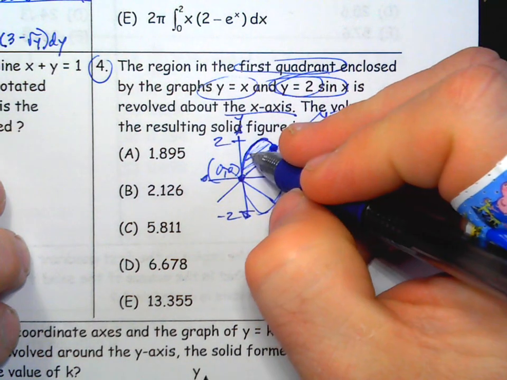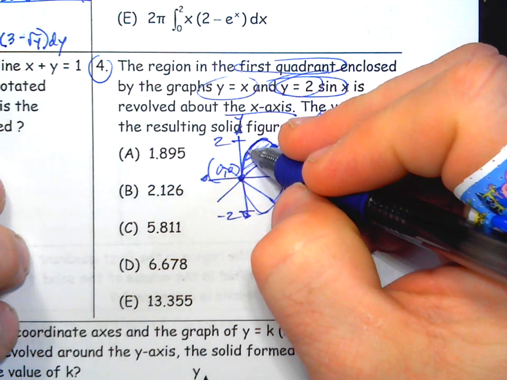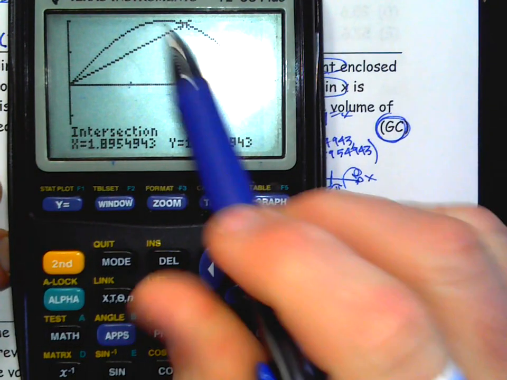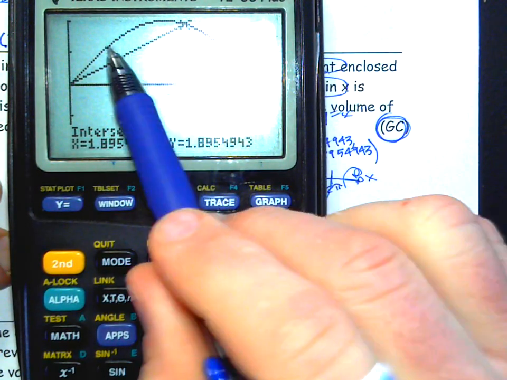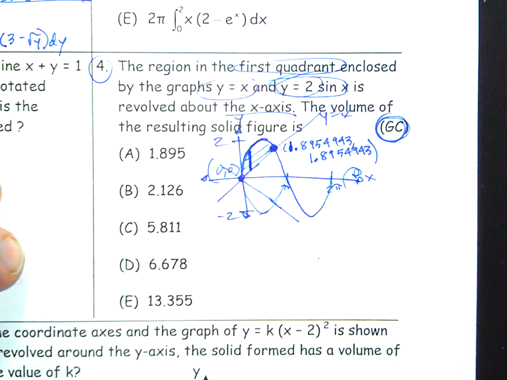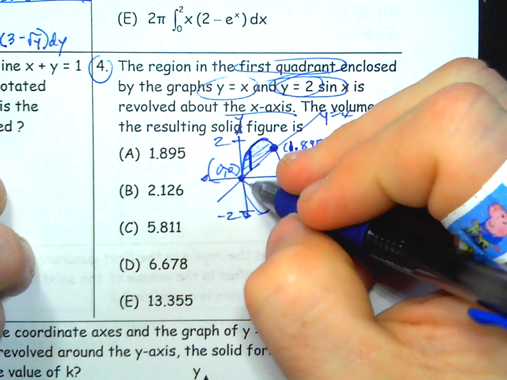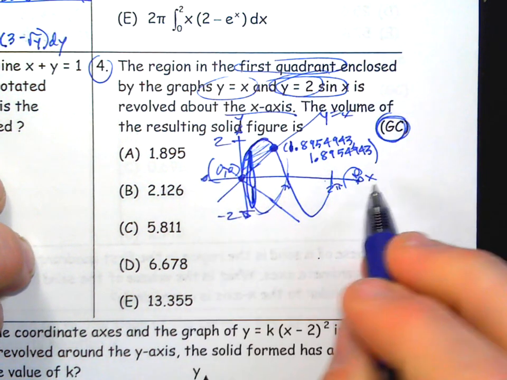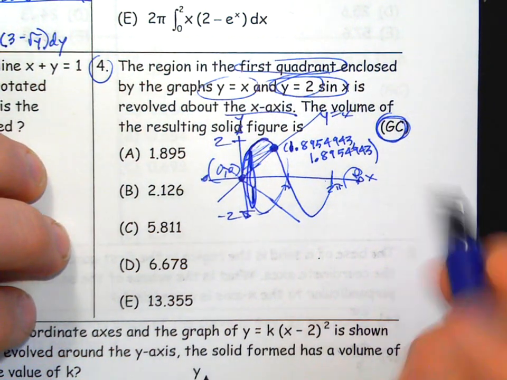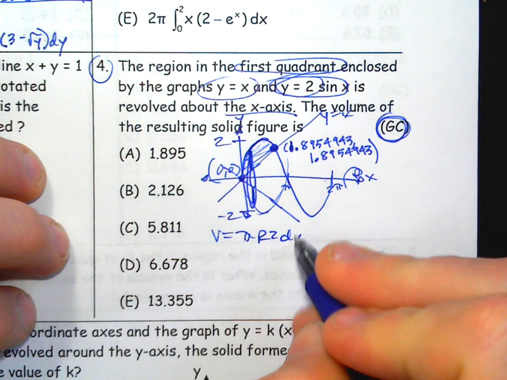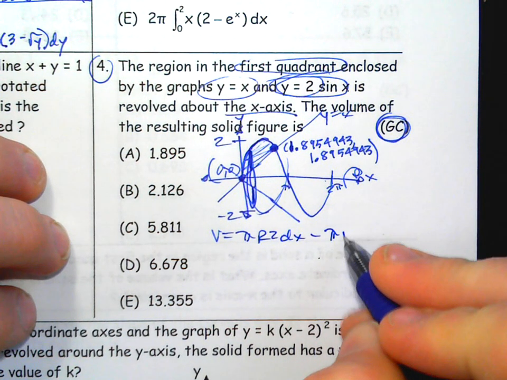So now if we do vertical slicing, and I don't think we want to do horizontal slicing because we would have to be doing inverse sine, and we'd have to break it up. I mean, we could do it with a calculator. Vertical slicing is perpendicular to the axis of rotation, so it's going to give you a washer. So the volume is going to be pi big R squared dx minus pi little r squared dx.